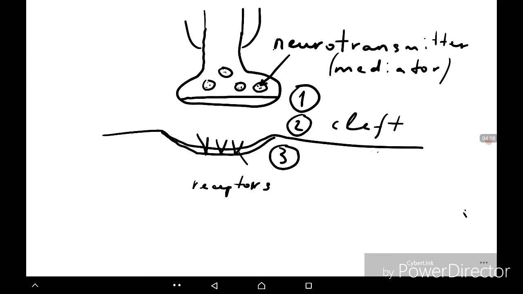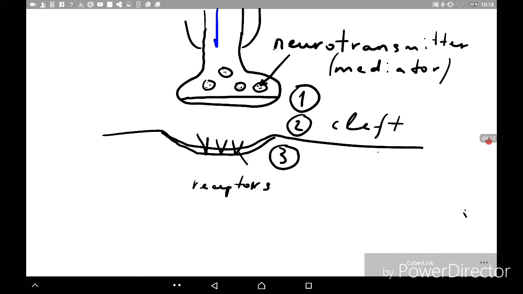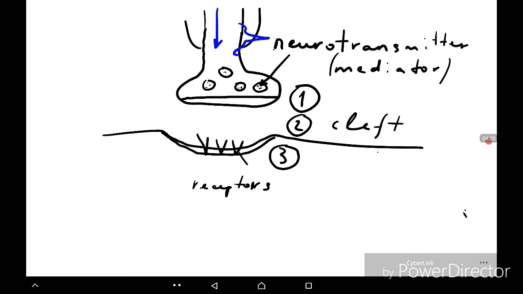So the action potential propagates along the nerve fiber and reaches the presynaptic membrane, and here it induces the activation of voltage-gated calcium channels.